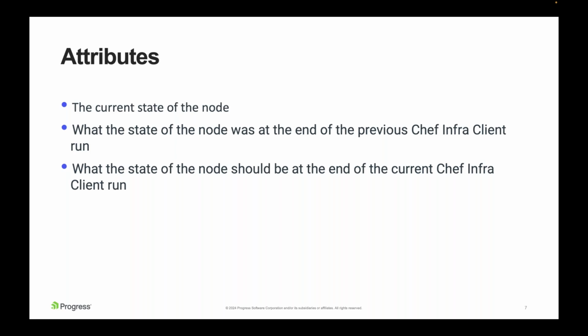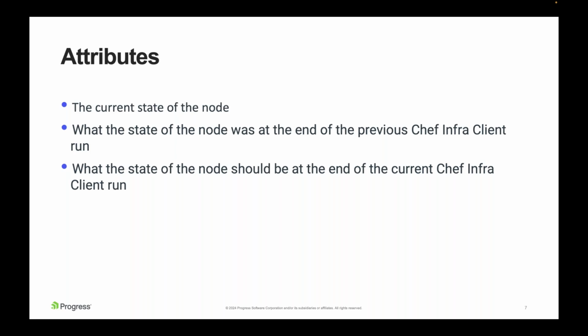So, continuing on what attributes really are, think of an attribute as a specific detail about a node. So one specific thing about that particular node is one attribute. And the attributes are used by the Chef Infra Client to understand these three things.